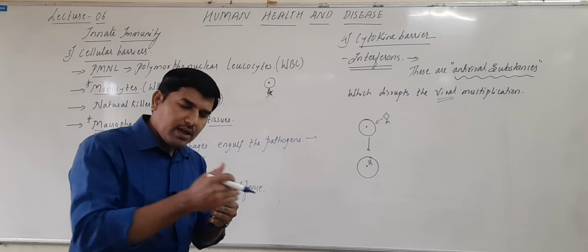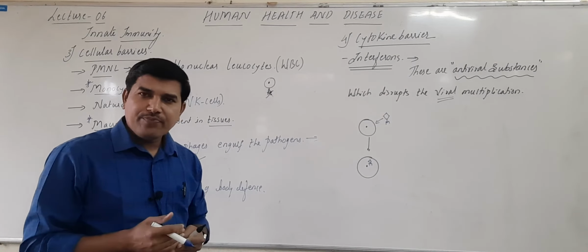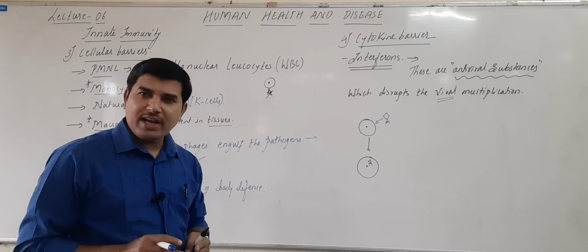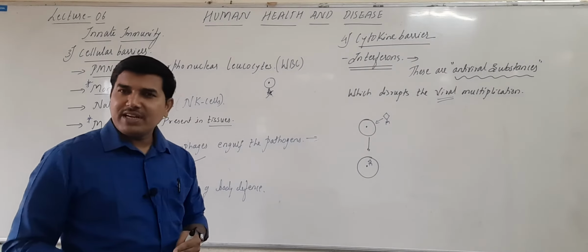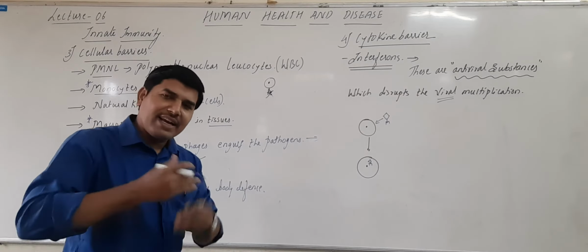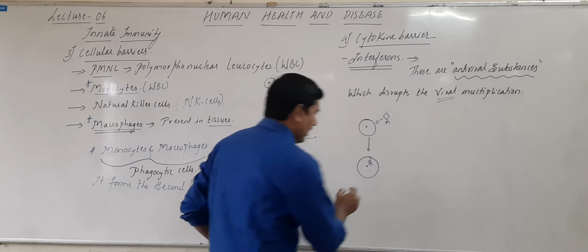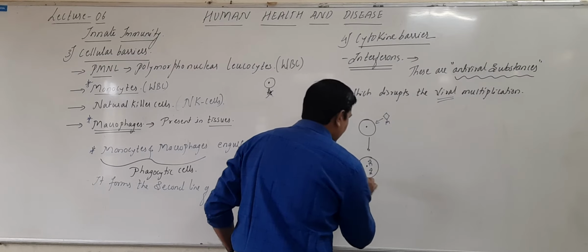The genetic material present in the virus, in the form of either RNA or DNA, will combine with the genetic material or the DNA of the host cell and it tries to multiply. It will multiply definitely. So here it goes on multiplying.